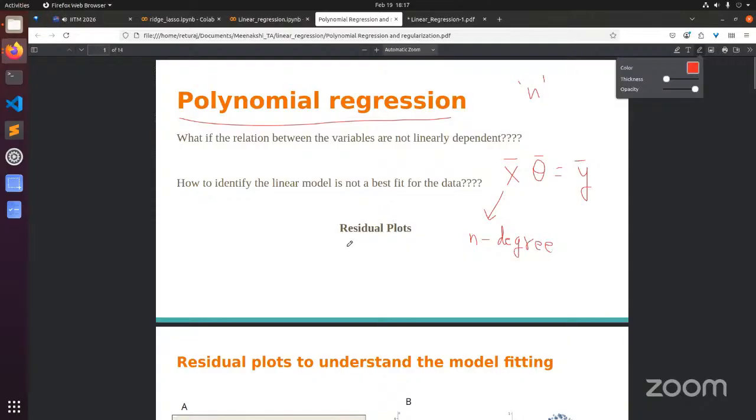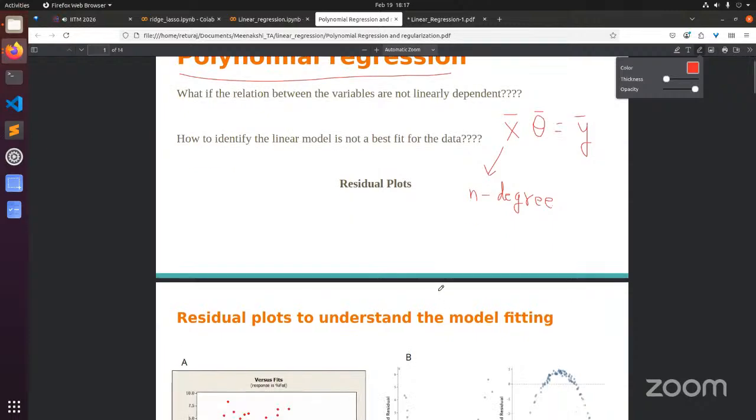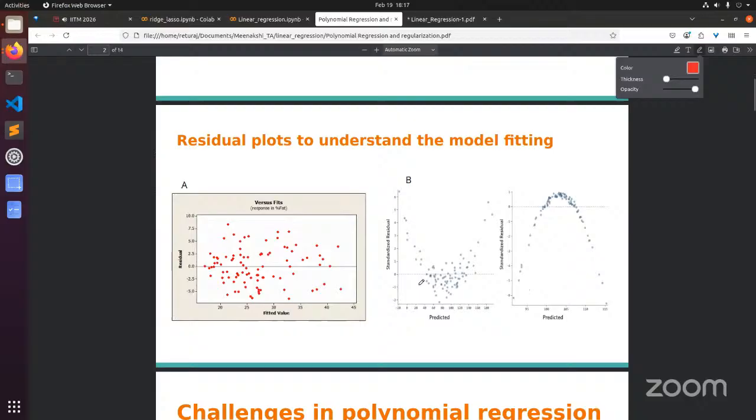So it's an n degree polynomial, and the relationship can be non-linear too. How do we identify the best-fit model? We saw the residual plot. Here this is model 1's plot A, model 2, and model 3.